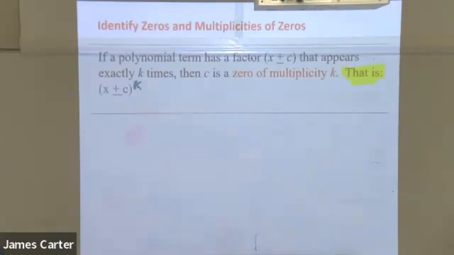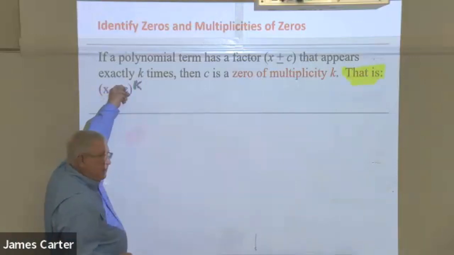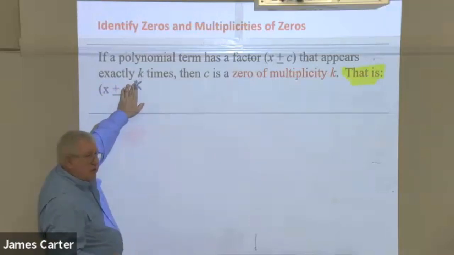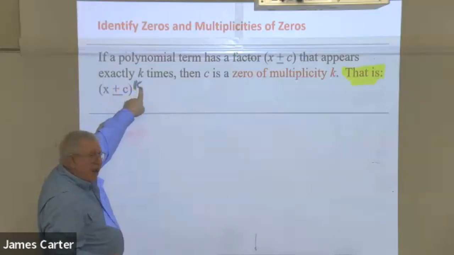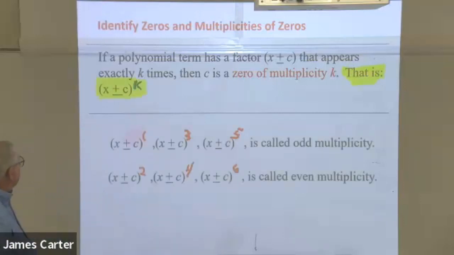Well, now let's formally talk about multiplicity, now that I've been talking about it. This just says if you've got some factor, x either plus or minus some number, x minus 3, x plus 4, whatever, we look at whatever power is on that factor when we're determining multiplicity.